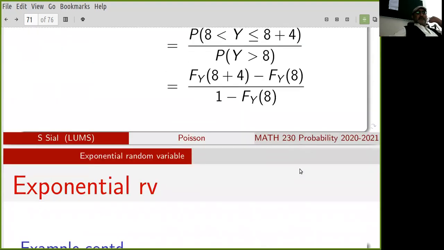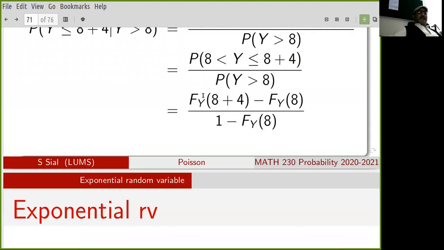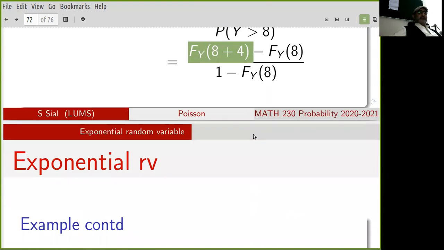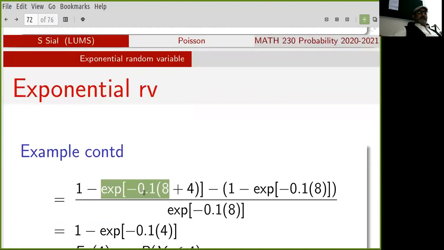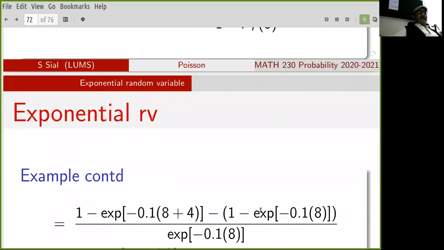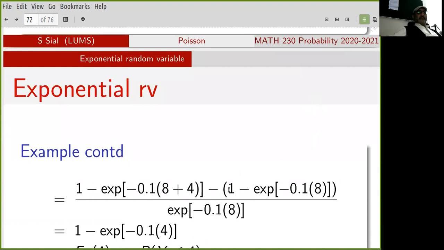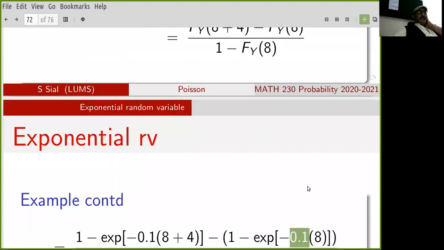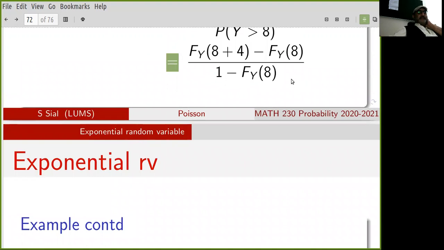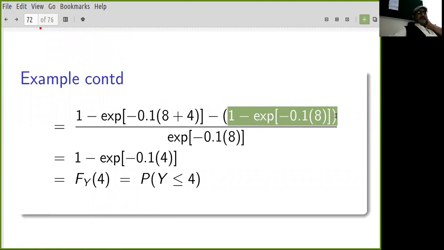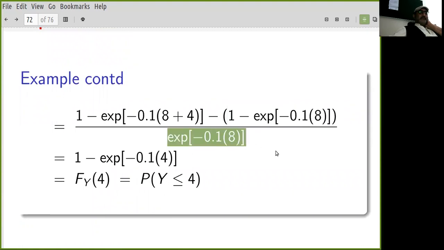So this here is 1 minus exponential of negative lambda, which was 0.1, times t, which was 12 minutes, minus 1 minus the exponential of negative 0.1 times 8, divided by 1 minus that, so divided by the exponential of minus 0.1 times 8.